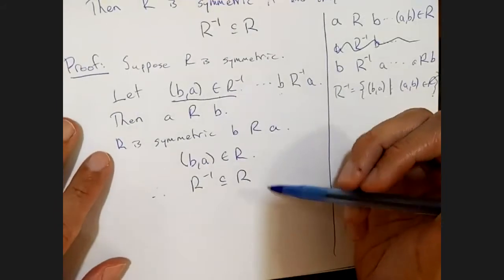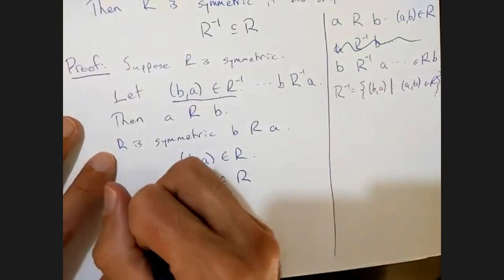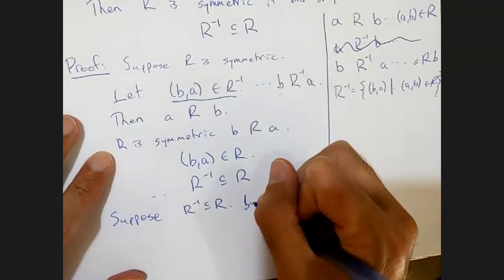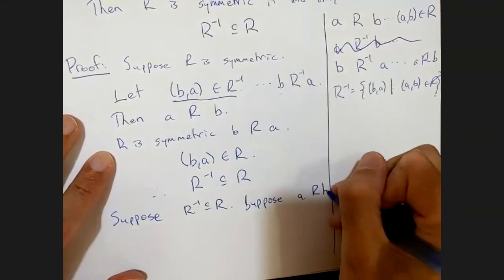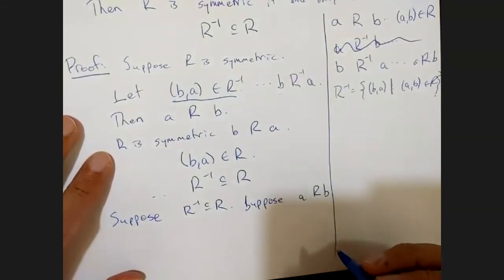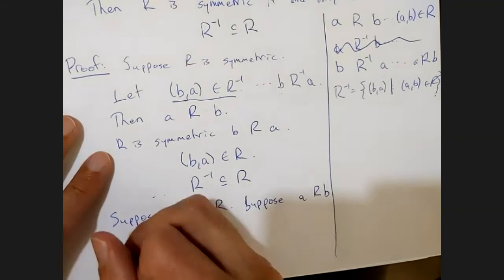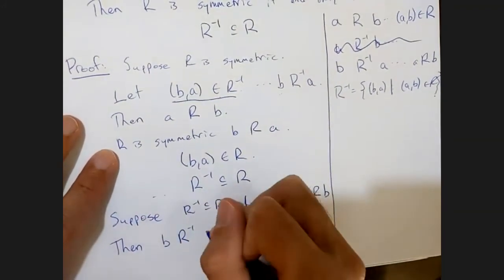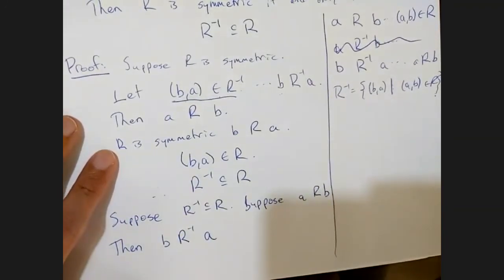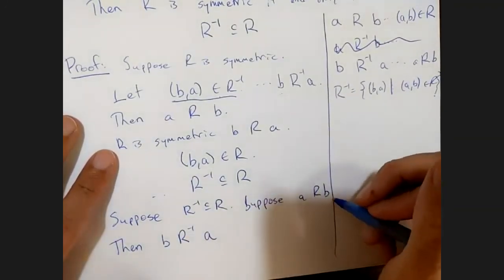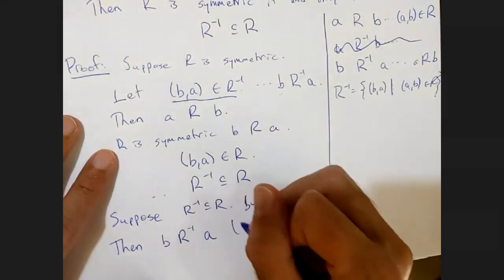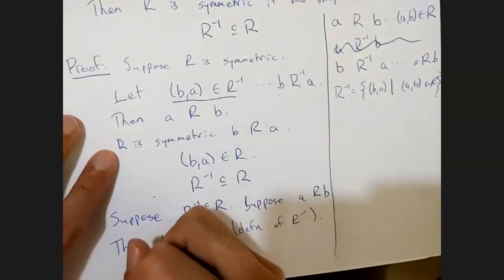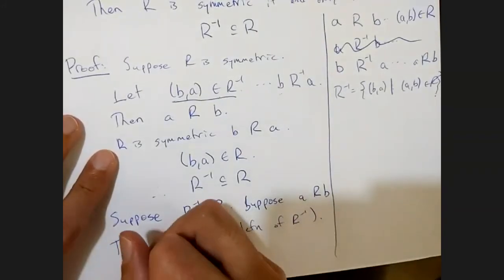And now you just kind of go backwards to do the other way. Suppose A is related to B, and we need to show that B is related to A. Now, B is R inverse related to A just by definition of R inverse. Okay, in other words, this just means that (B, A) is in R inverse.